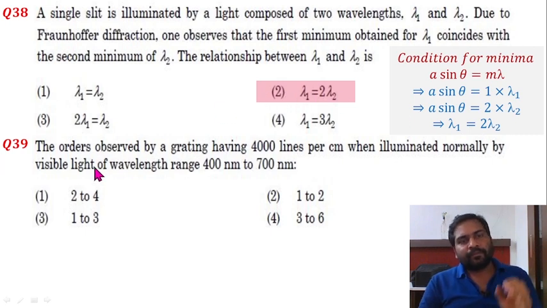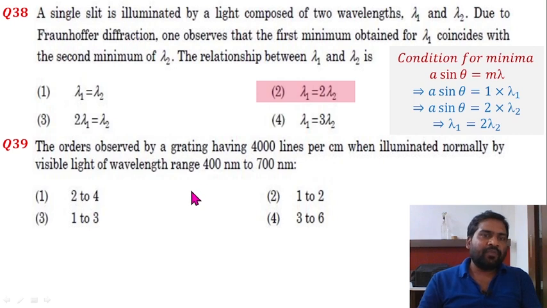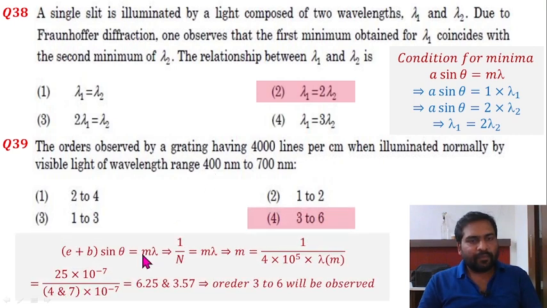Question 39. The orders observed by a grating having 4000 lines per centimeter when illuminated normally by visible light of wavelength range 400 nanometer to 700 nanometer. (e plus b) sin theta equal to m lambda is the formula. e plus b is known as grating element and equal to 1 divided by n, the total number of lines.